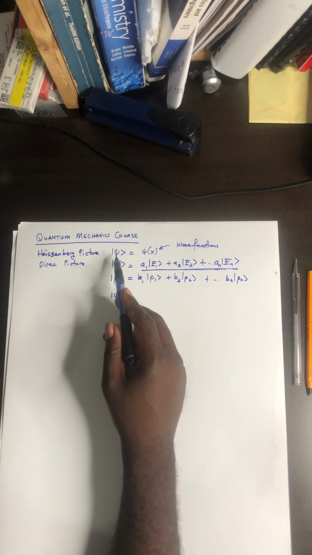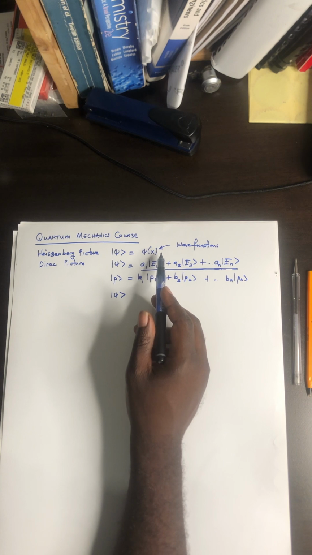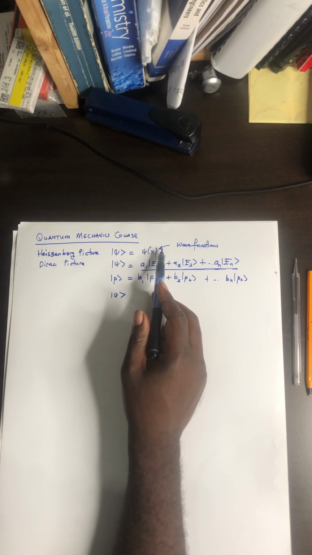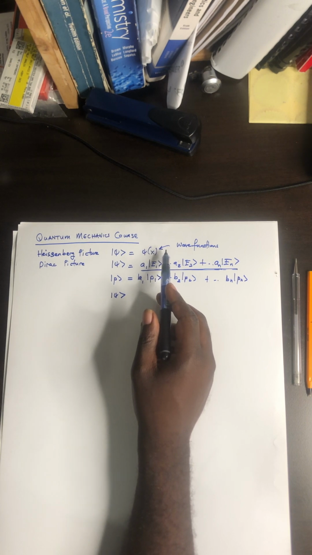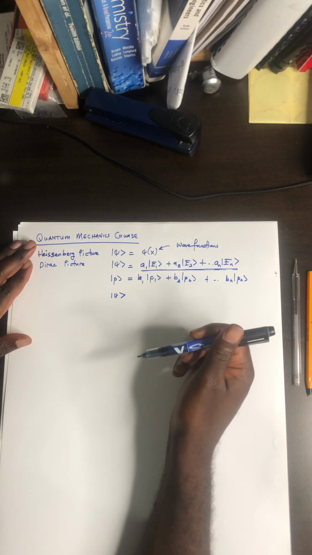Whereas when you're using the Heisenberg picture, we usually confine ourselves to position representation alone. I think I'm correct about this. I might be mistaken, but I think that's the issue.